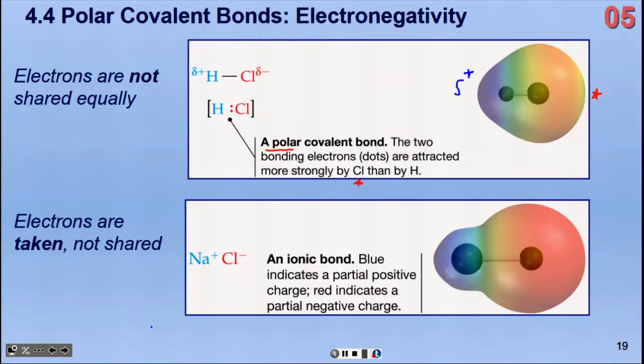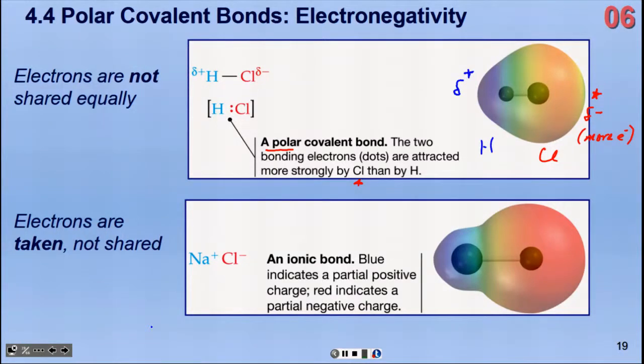And so we're going to describe that as partially positive on the hydrogen side and partially negative on the chlorine side, because more time by the electrons is going to be spent on the chlorine end of the molecule than the hydrogen end of the molecule.